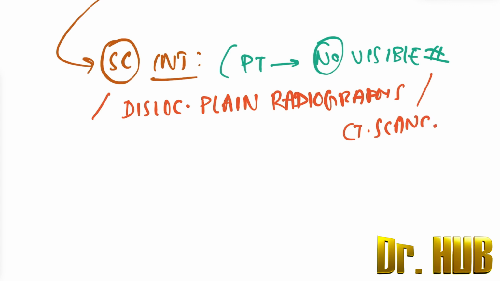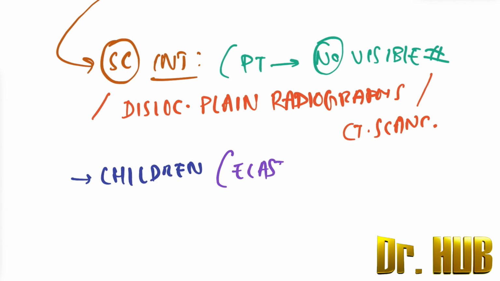Next, what we need to know is it is almost completely unique to children. It is believed to occur because the vertebral column in children is more elastic than the spinal cord.